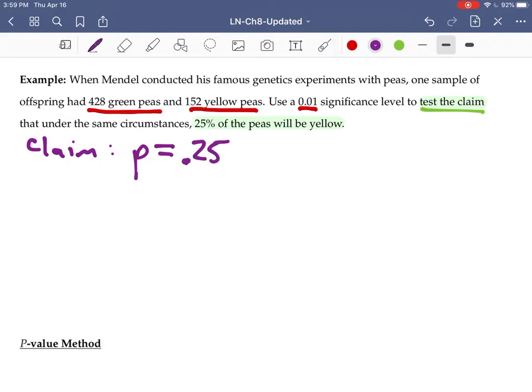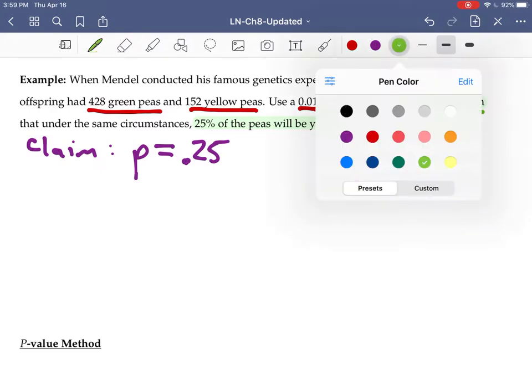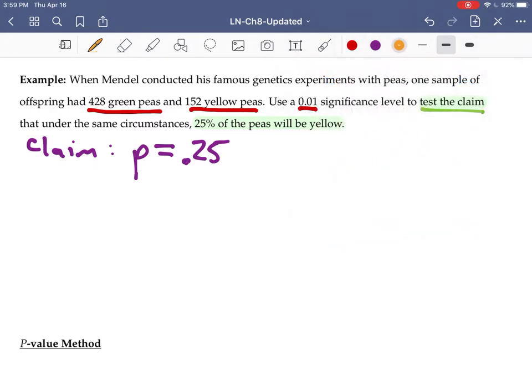So that's our claim. We then identify the counterclaim, the opposite. If it's not true that p is equal to 0.25, what must be true? It's absolutely anything else. Maybe it's bigger, maybe it's smaller, but the counterclaim would be that p is not equal to 0.25.